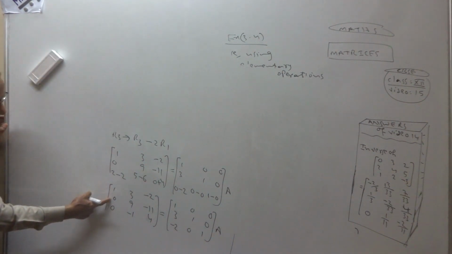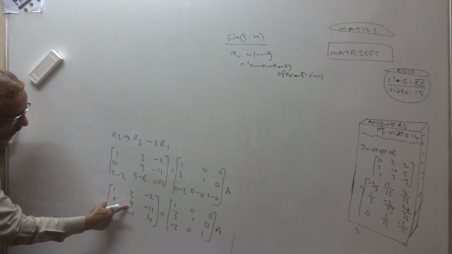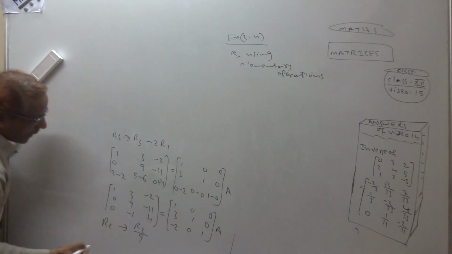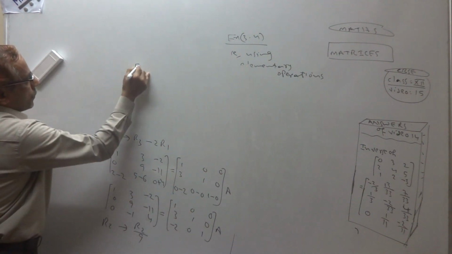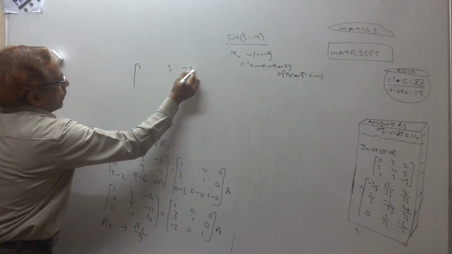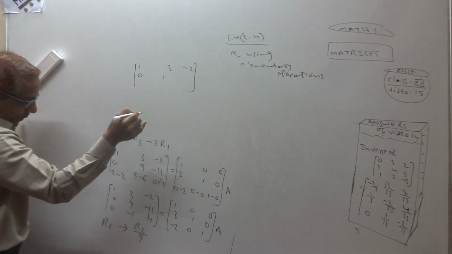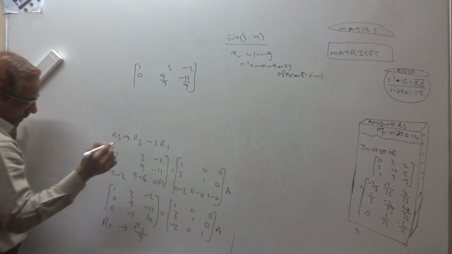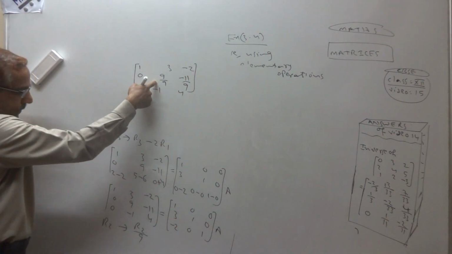Yes, we got 1, 0, 0. Now we should get 1 here. You should decide how we get 1 here. Directly you can take R2 gives R2 divided by 9. R2 divided by 9, I get 1 here. So 0 by 9 is 0, 9 by 9 is 1, minus 11 by 9, and everything same, because we have to get 1 here.